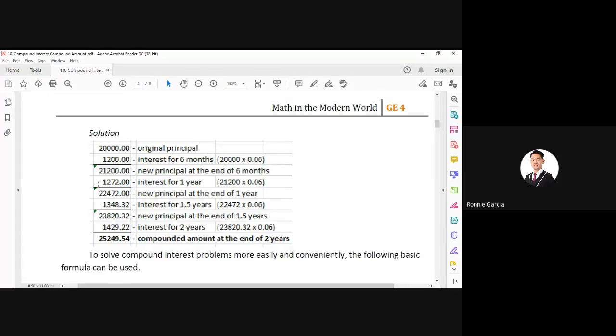Mauna po ni imong i-add dito sa imuhang previous nga gigamit nga principal. So, at the end of 1 year, you will have 22,472 pesos. Mauna po ni ang new principal at the start of your next computation. So magpadayon na po kag-compute, that's 6%.